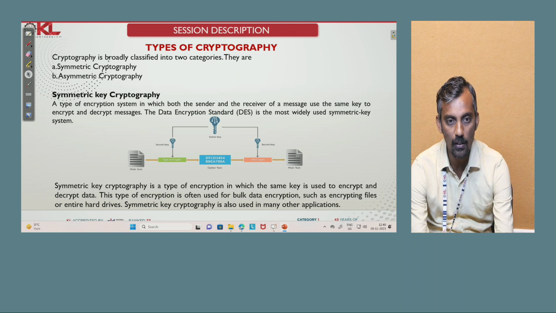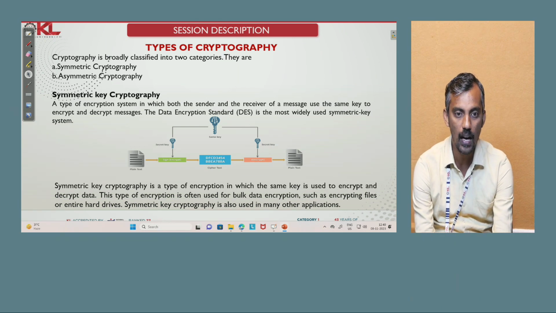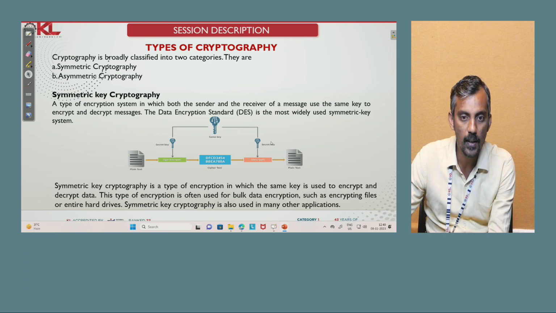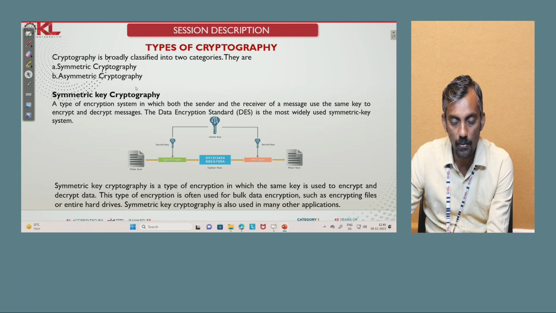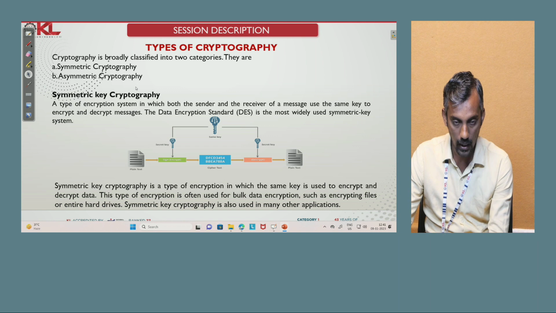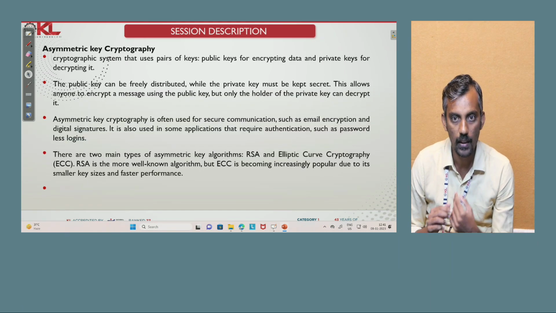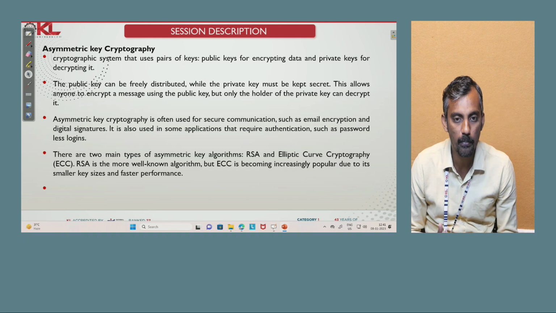In symmetric cryptography, the sender and receiver both have the same key to encrypt and decrypt the data. But in asymmetric cryptography, they use different kinds of keys: a public key and a private key.